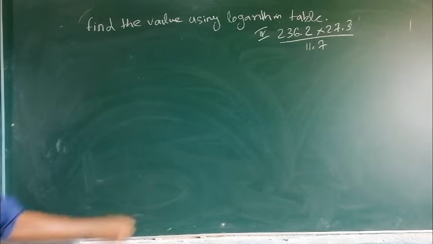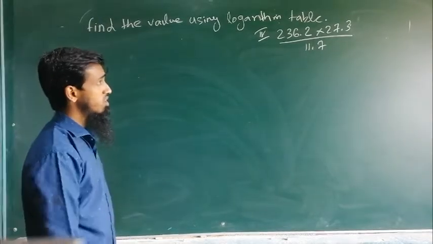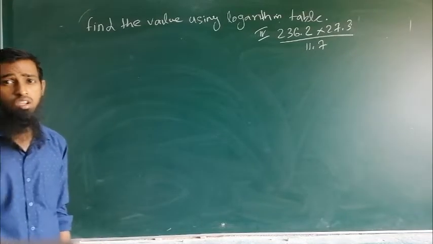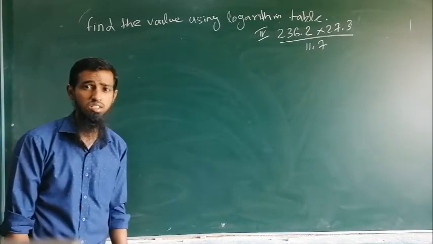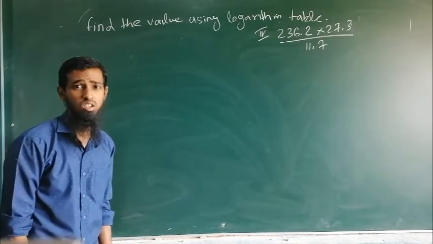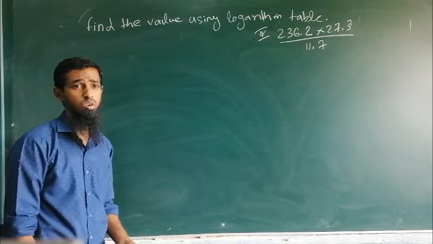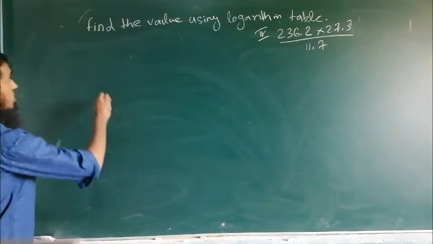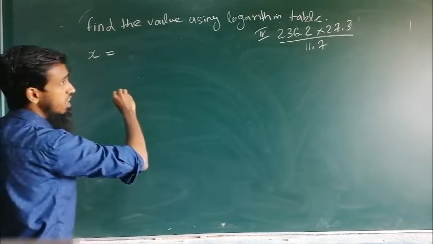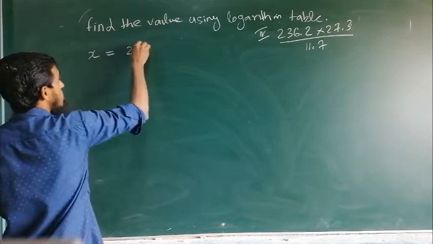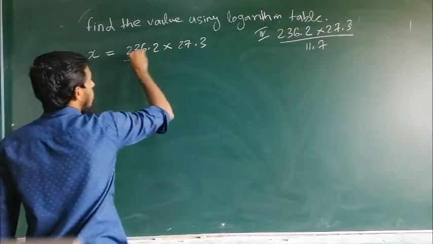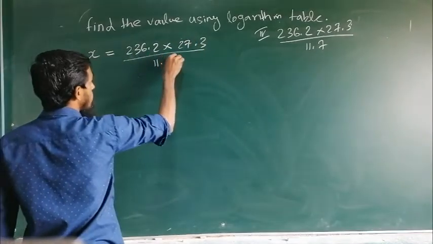Okay, so we have the fourth question. In this question we have multiplication and division both. Usually in the exam questions we have multiplication and division together, and we are going to use the logarithm table and find the values. The first step, the usual step, we need to write the value with the algebraic term: x = 236.2 times 27.3 all over 11.7.